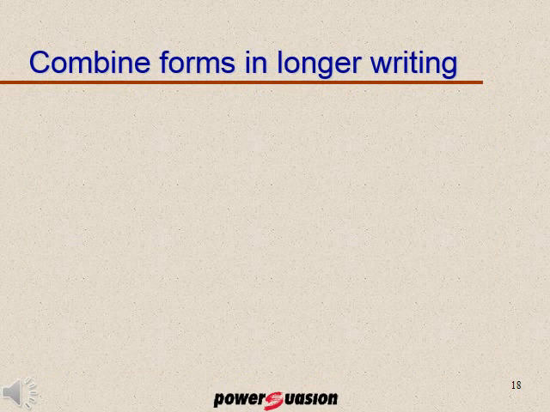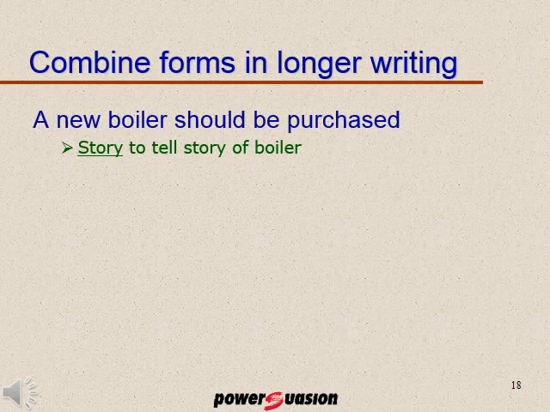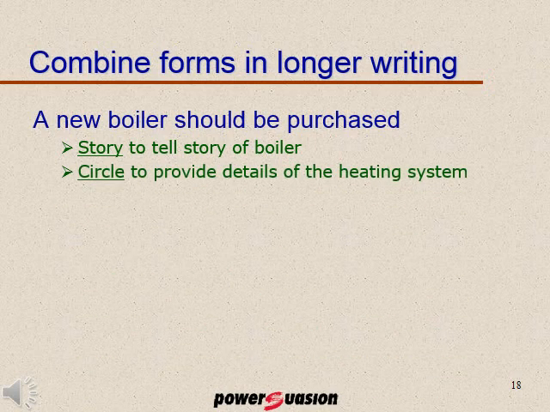Finally, let me illustrate how to use the forms of organization to your advantage. Let's suppose that we've been tasked with writing a proposal that a new boiler should be purchased. So we might use the story to tell the story of the boiler. We could then use the circle to provide the details of the heating system and how it works.